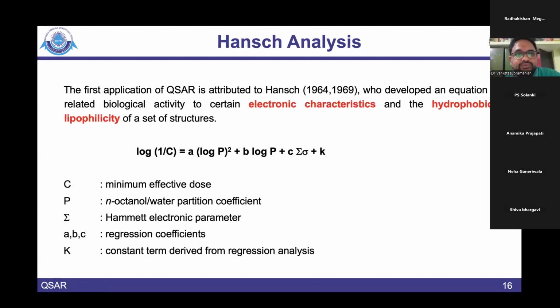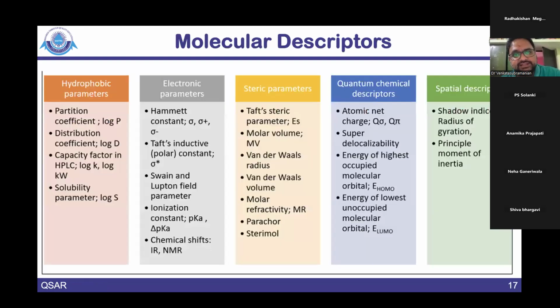And from that we can calculate these things. Okay, so Hansch analysis, basically he used additional information, that is electronic characteristics in addition to hydrophobicity and lipophilicity. Before, he used only the lipophilicity; in this one, he used additional parameters. So this is the equation that he used, and it did give better results than the Free-Wilson analysis.